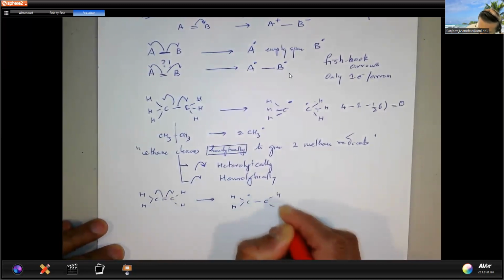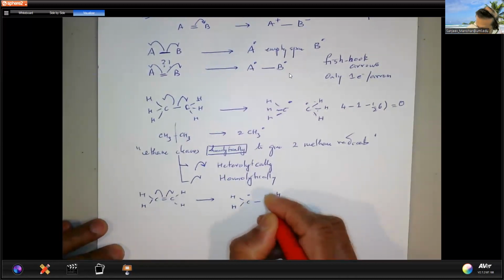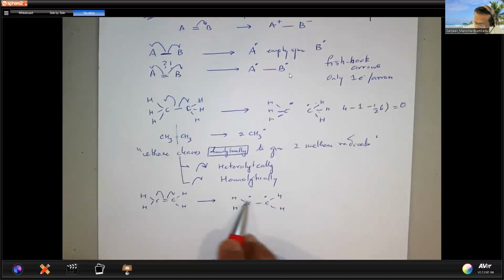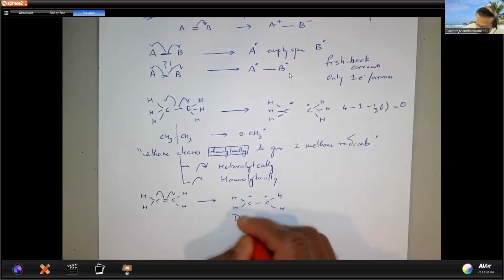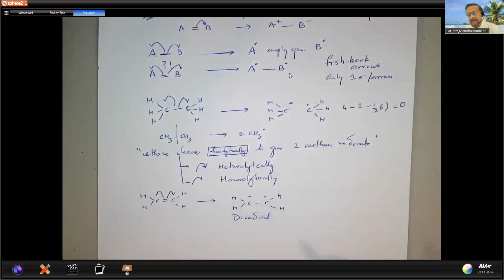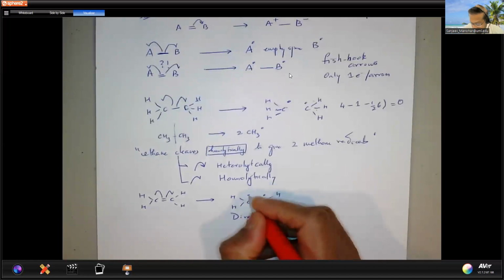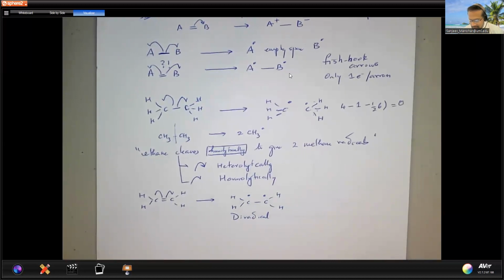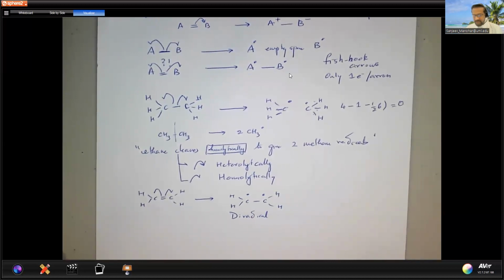Now it's still connected because only one bond is being broken. So you get a radical, but there are two, right? So it's a diradical. It is still there. Again, the formal charge on these is 0, 0, just like it was before, right? So keep this in mind, okay?